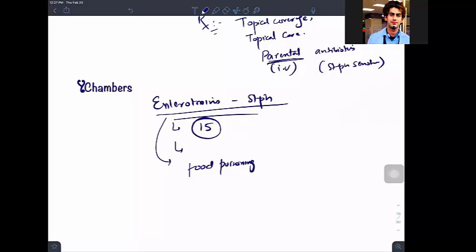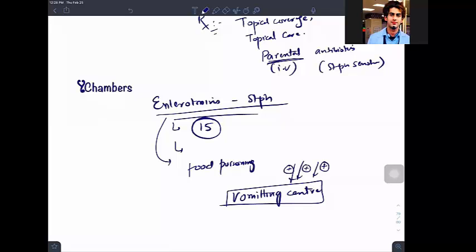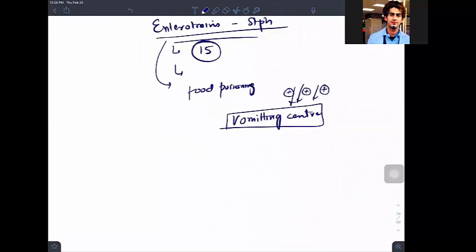And you have 12 pairs of cranial nerves, isn't it? So this toxin stimulates your vomiting center in the brain, and this toxin also leads to vagus nerve stimulation. That is how this toxin causes food poisoning.